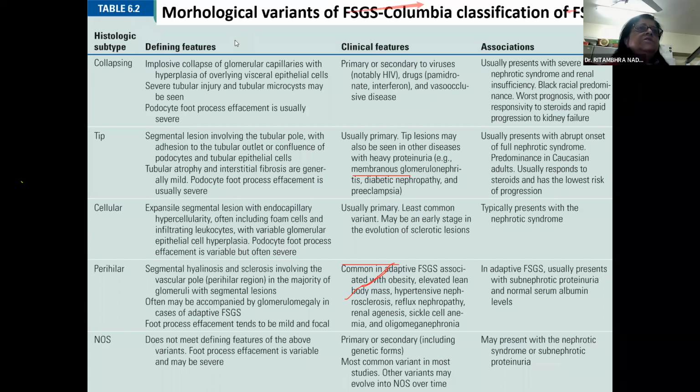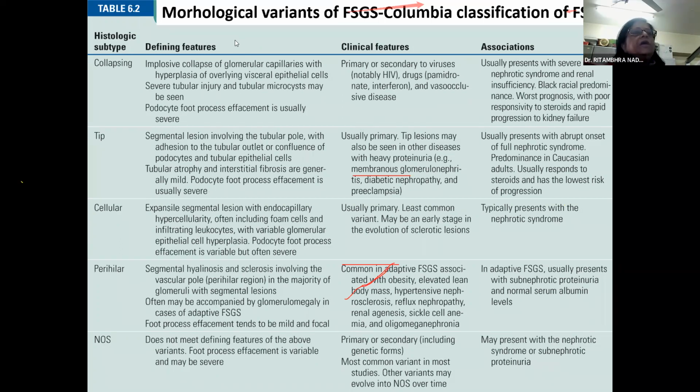Another question which I read here is, does enlargement of glomeruli point towards secondary FSGS? The answer to this is yes, because in obesity-related FSGS, the first sign of podocytopathy is an enlarged glomerulus.